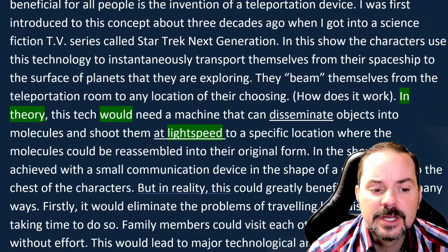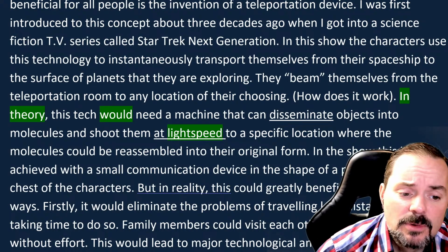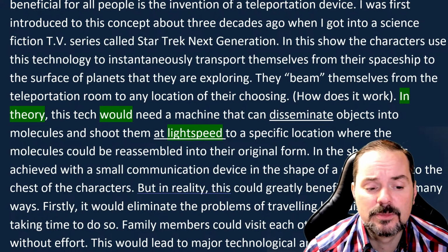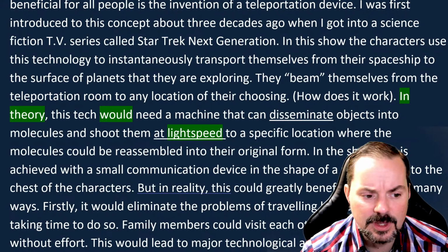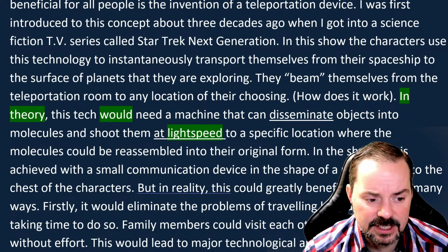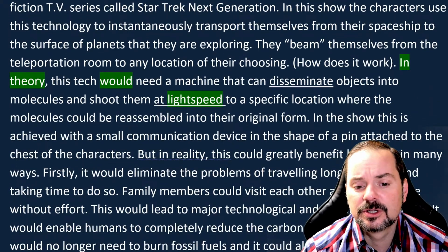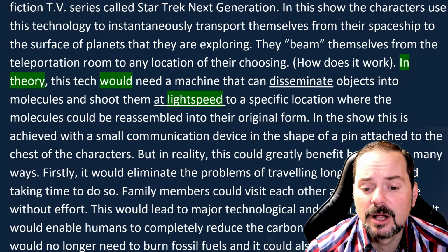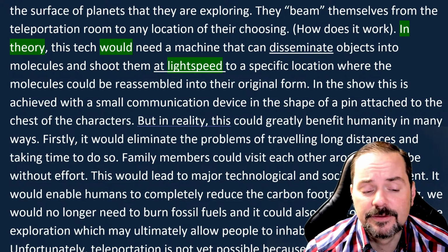In theory, this tech would need a machine that can disseminate objects into molecules and shoot them at light speed to specific locations where the molecules are reassembled into their original form. In the show, this is achieved with a small communication device in the shape of a pin attached to the chest of characters. But in reality, this could greatly benefit humanity in many ways. Firstly, it would eliminate the problems of traveling long distances and taking a lot of time to do that.